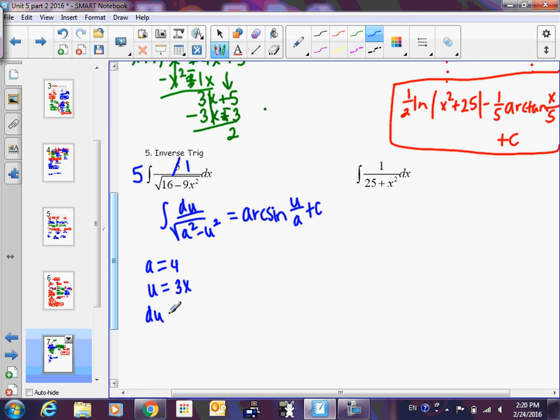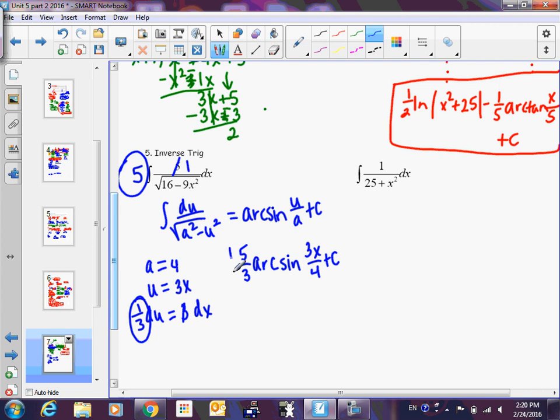Don't skip the du step. Even on these, you still have to do this. du is 3 dx. That 3 gets bumped over. So I now have a 5 and a 1/3 that need to go in front. I'm going to write that as 5/3 arcsin of u, which was 3x, over a, which is 4.